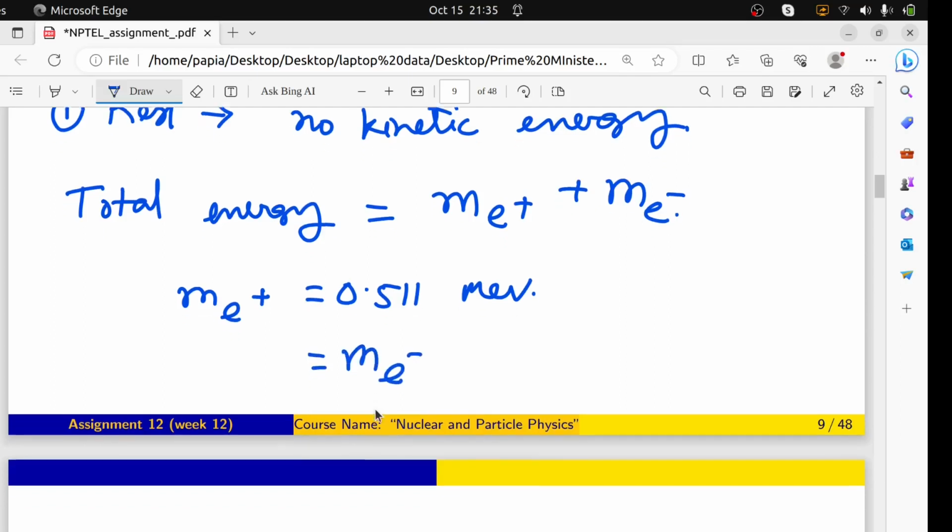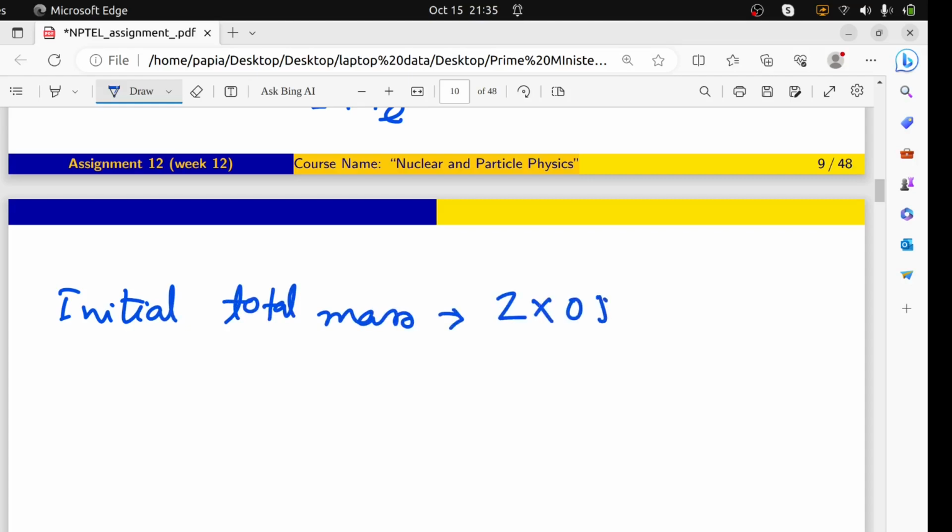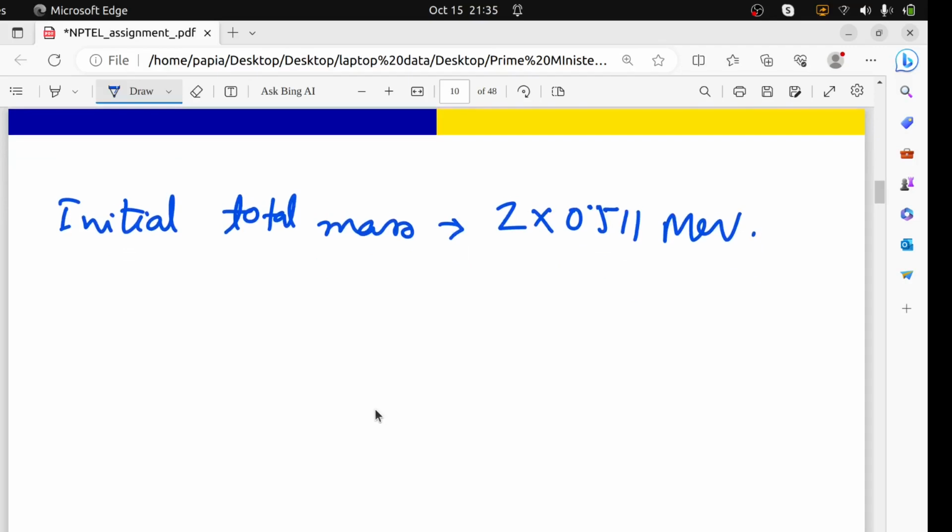So if I calculate the initial total mass, this will be nothing but 2 into 0.511 MeV.